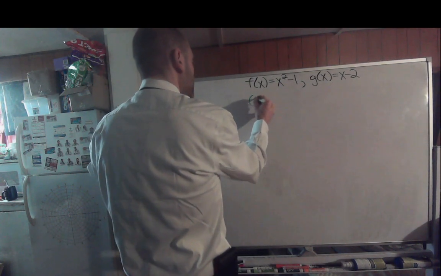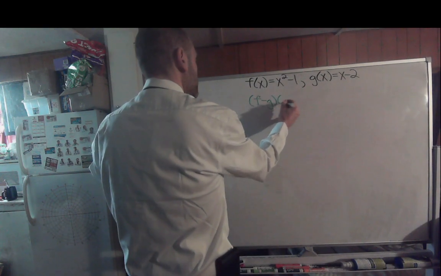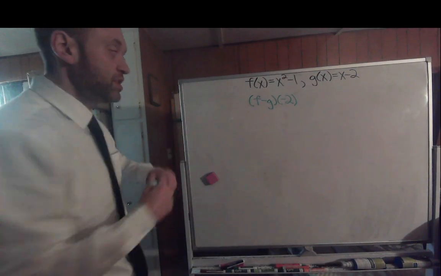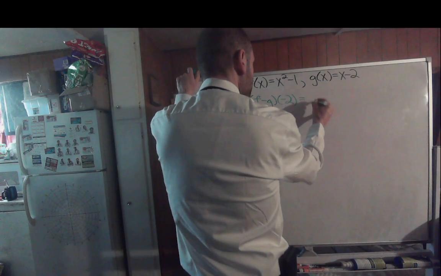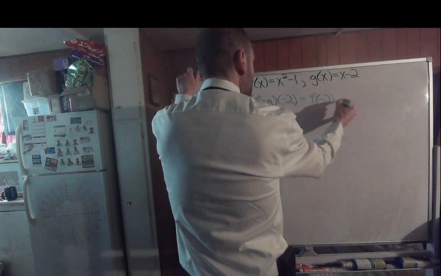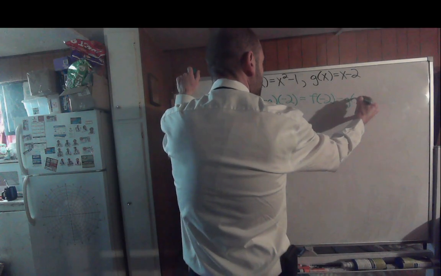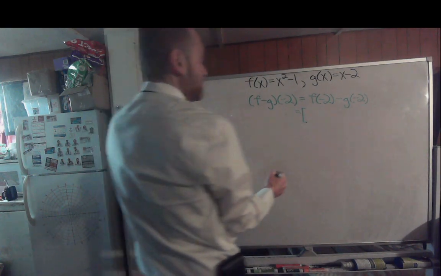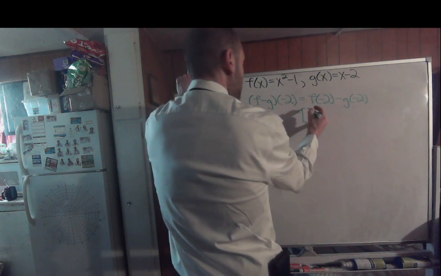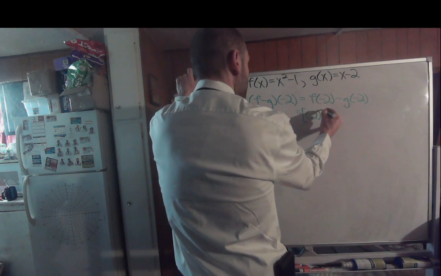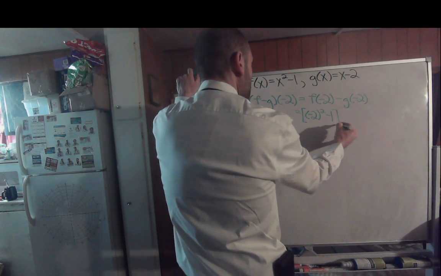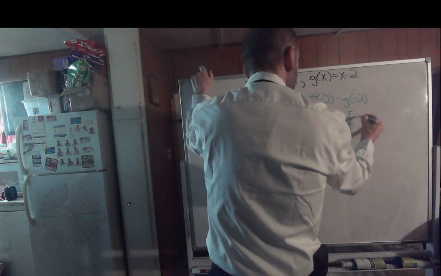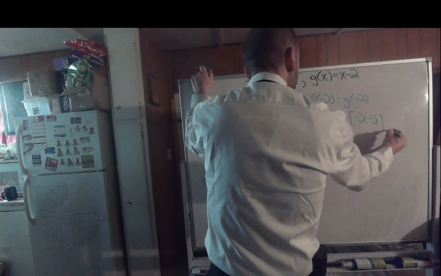All right, let's find f minus g of negative 2. Well, that's going to be the same thing as f of negative 2 minus g of negative 2. Let's put up some brackets again. If I put a negative 2 for my f, that would end up giving me negative 2 to the second power minus 1, that quantity, minus, if I put a negative 2 for g, that would give me negative 2 minus 2.